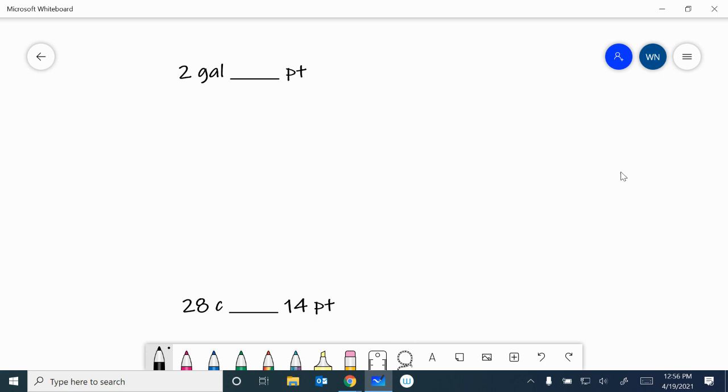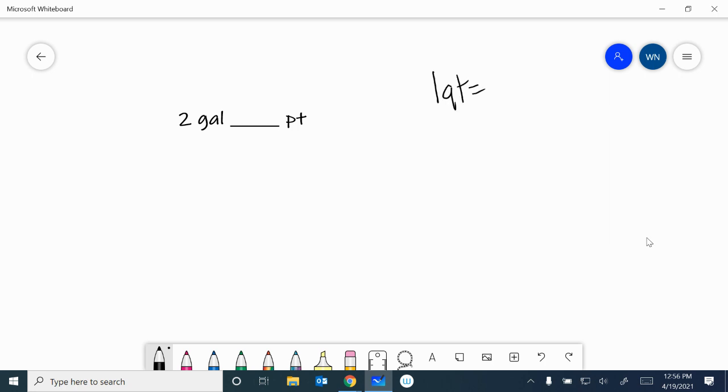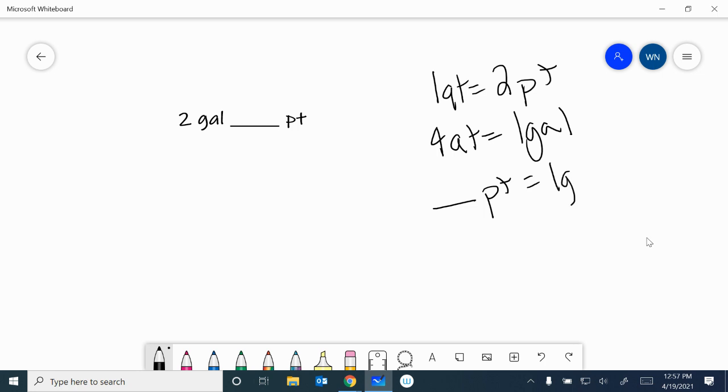Go ahead and try this one. Gallons to pints. All right, so for this one, we know that 1 quart equals 2 pints. And we know that 4 quarts equals 1 gallon. So we need to figure out how many pints are in 1 gallon.